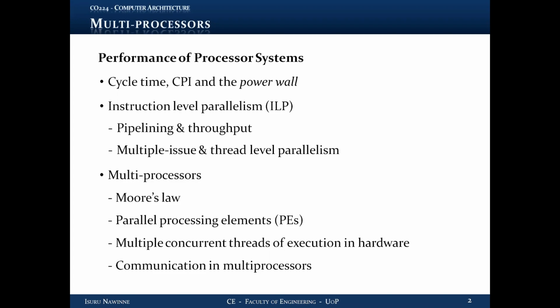But usually, if you try to get your overall workload done as quickly as possible, you try to split your program into several threads and they have to communicate. So communication between processors in multiprocessor systems is one of the key problems that engineers have to address, and that is what we are going to focus on under this topic.